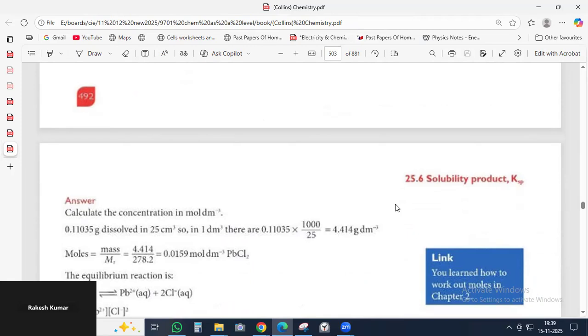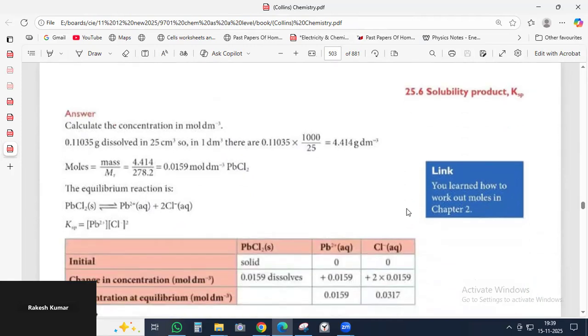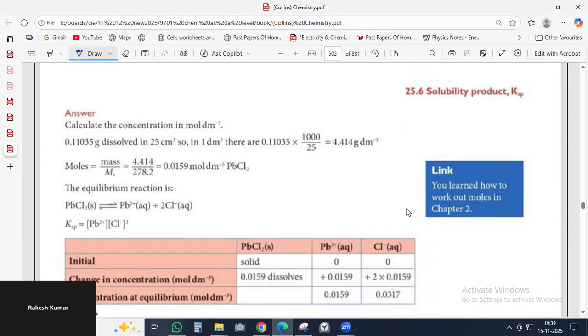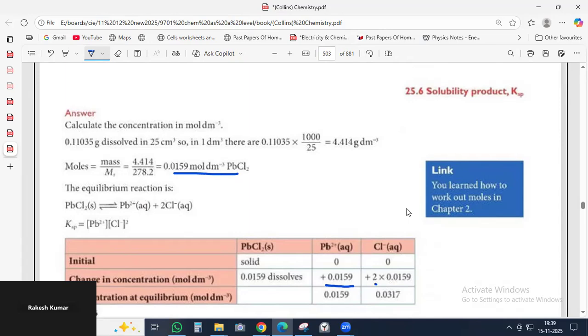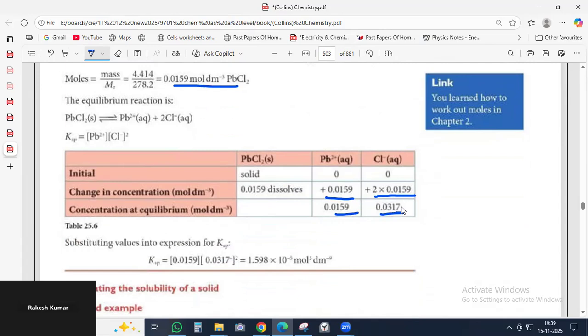This is actually so many moles. These many moles dissolved, and they converted into these many moles and these many moles to double of Cl. So if I substitute these values, I then get Ksp.